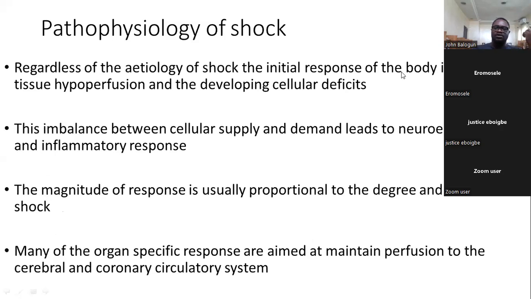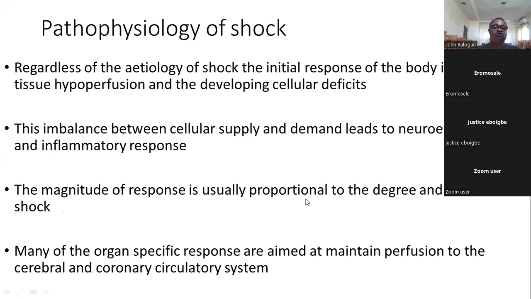Okay, pathophysiology of shock. Again, this slide just gives you a preamble of how shock occurs.